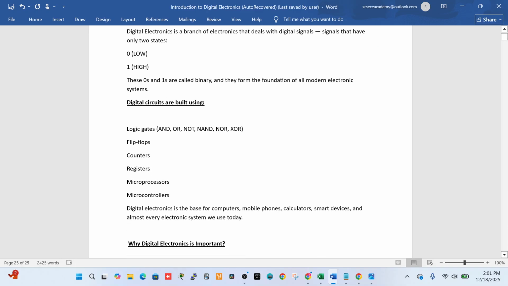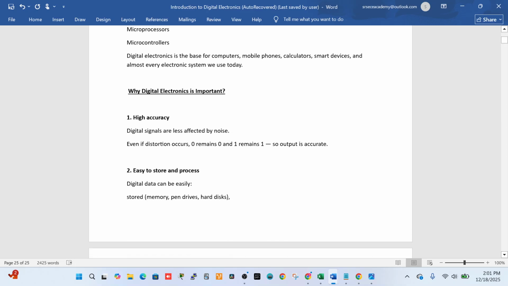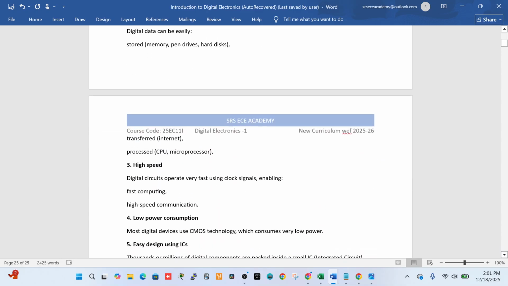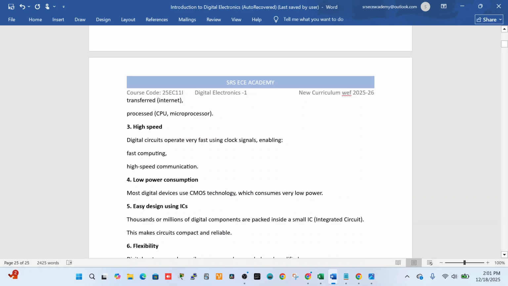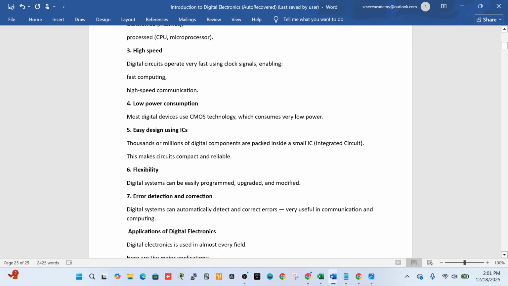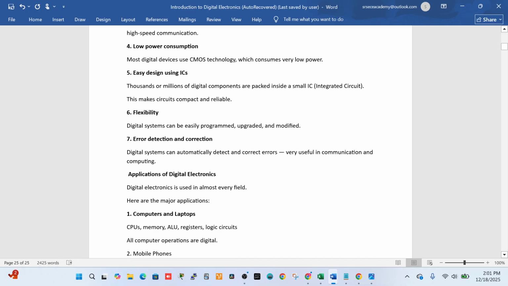Next here, why is digital electronics important? Just it's a revision, I will explain briefly. Importance of digital electronics: high accuracy, easy to store and process, high speed, low power consumption, easy design using ICs, integrated circuits, flexibility, error detection and correction.